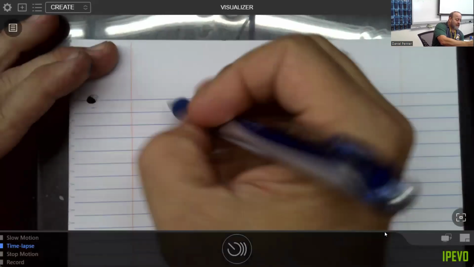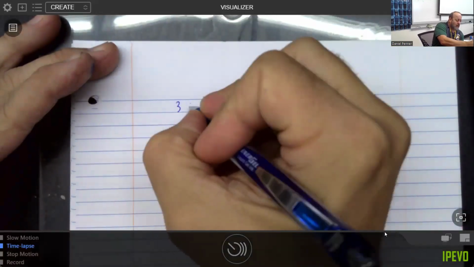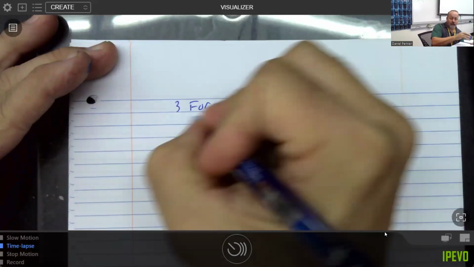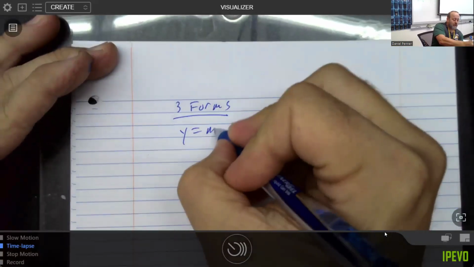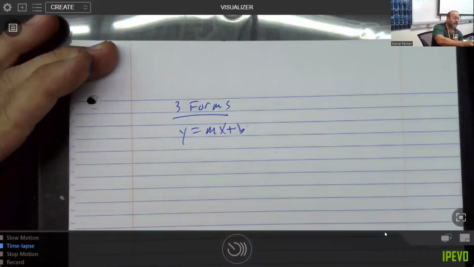So the first thing to be aware of is there are three forms of a line that we are going to emphasize in here. The first form that I think most of you are probably familiar with is called slope-intercept form.